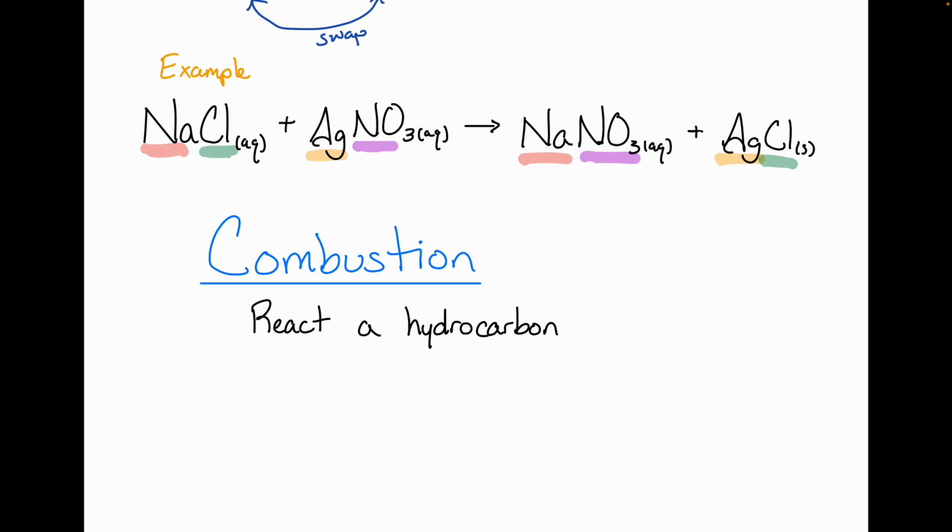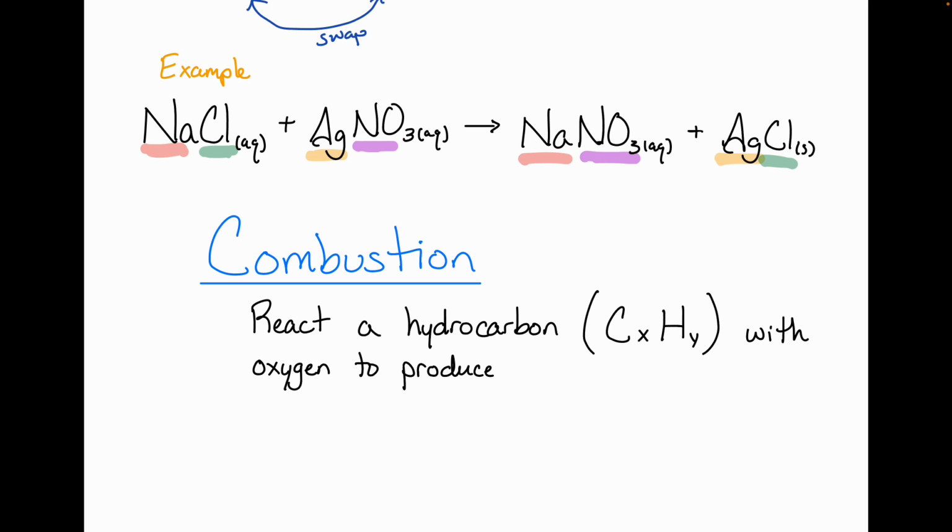What two elements do we think are in a hydrocarbon? Hydrogen and carbon. All right, so that's anything with the formula CxHy. Remember, for covalent compounds, we can't predict what it's going to be. They could be anything. So these react with oxygen to produce carbon dioxide and water vapor.